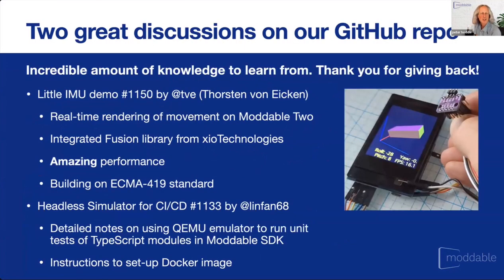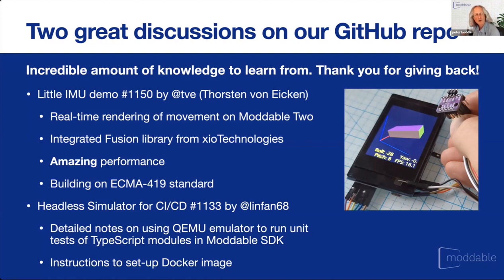There've been a couple of really great discussions on our GitHub repo lately that I just wanted to call out. They're probably both worthy of extended conversations at some point. One is a demo by Thorsten. He got a Moddable 2 running with an IMU.